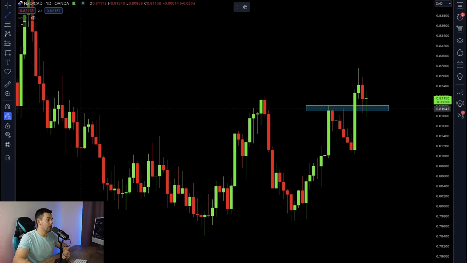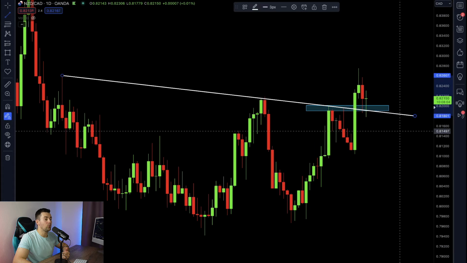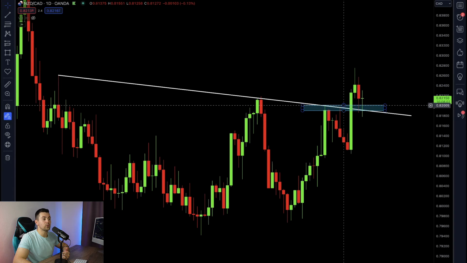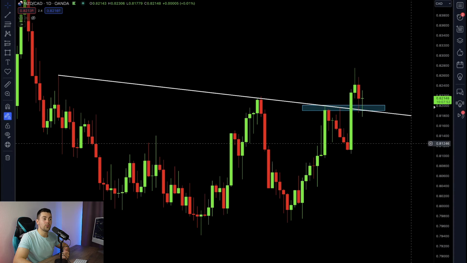Also, if we look left, we can spot this major falling trend line. The trend line from where we saw 4 very important bearish movements in the past. And you can see that both that horizontal supply zone and that trend line were broken.